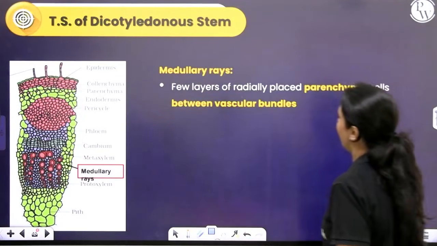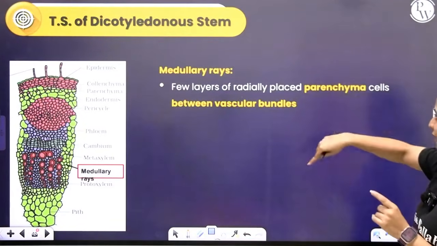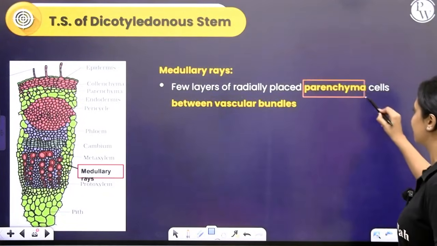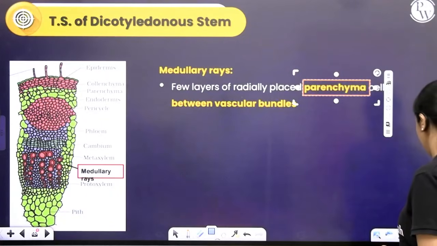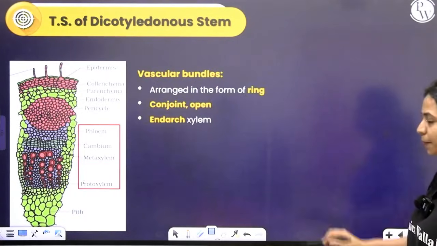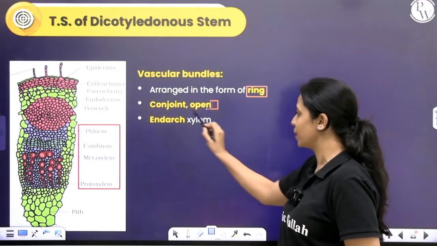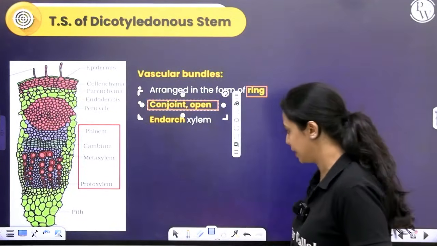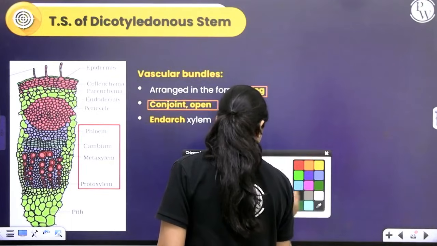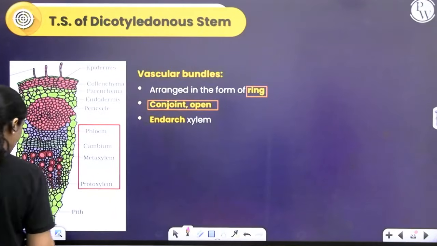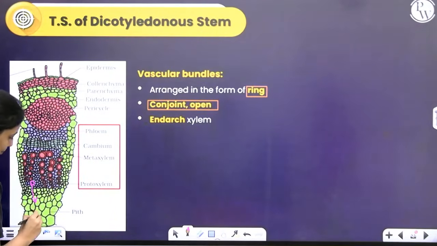Medullary rays has a few layers of radially placed parenchyma cells that is between the vascular bundles. Talking about the vascular bundles, as we already know, it's arranged in the form of a ring. It's conjoined open type. Here you have endarch xylem, because if you look at the xylem vessels here, protoxylem is smaller facing the pith or the center.